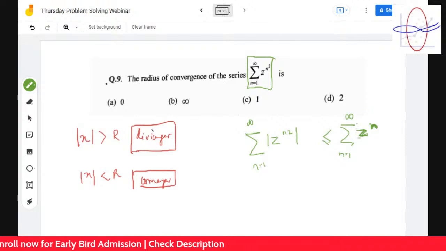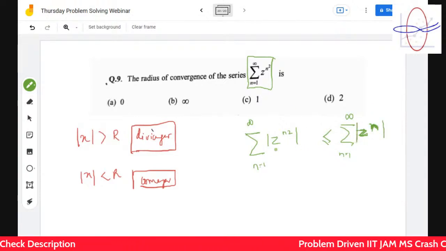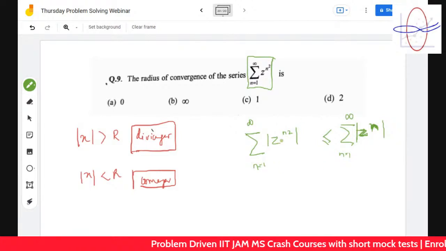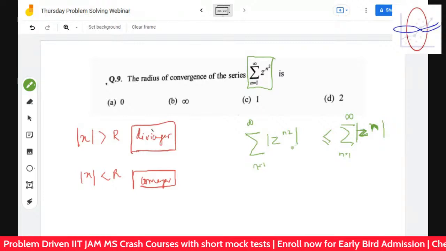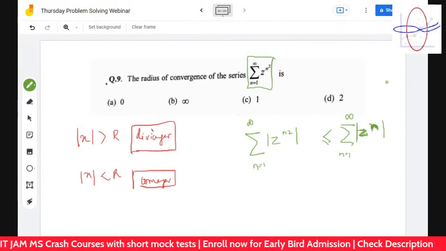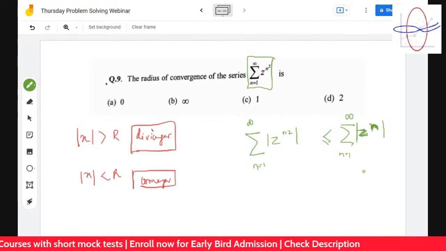The summation, modulus. Why? Because we are adding some terms, that's it. It's z, z to the power 4, z to the power 6, z to the power 9, z to the power 16, like this, it's all the z, right?